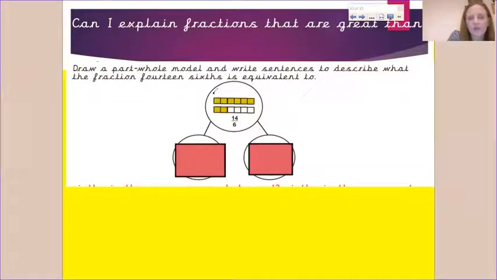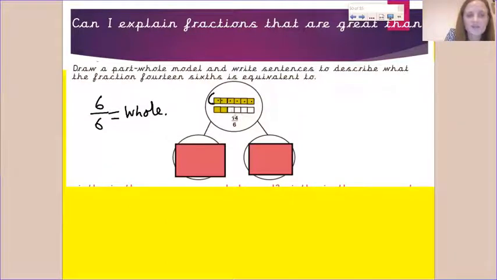Again, we are breaking this up. We know that 6/6 is equal to a whole. Okay, so 14/6. So we've got 1, 2, 3, 4, 5, 6. 1, 2, 3, 4, 5, 6.